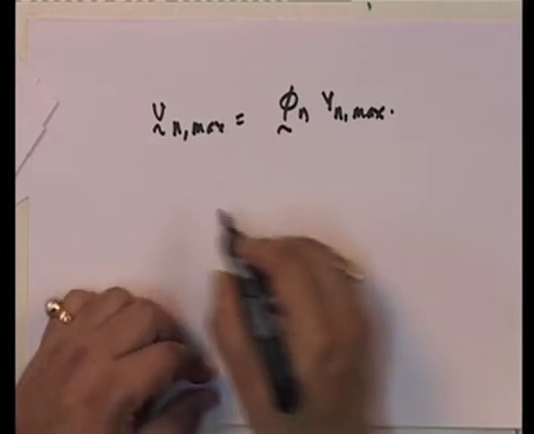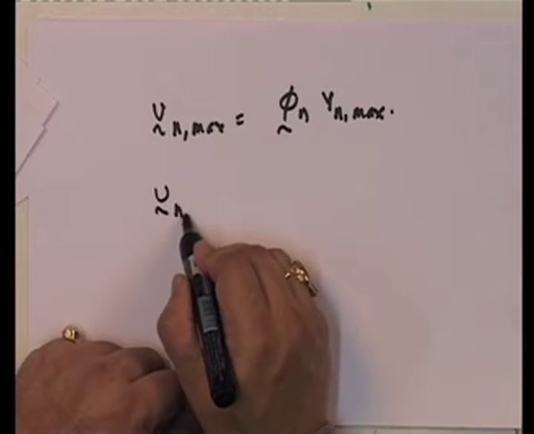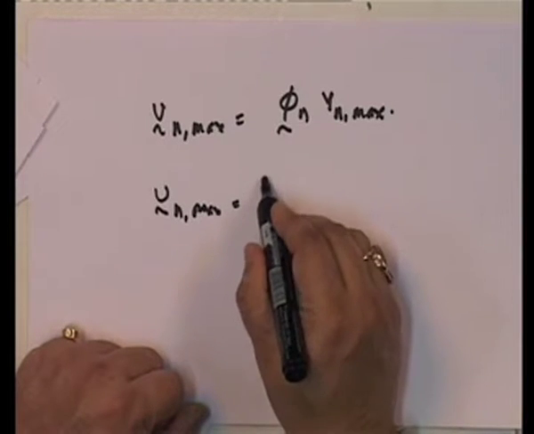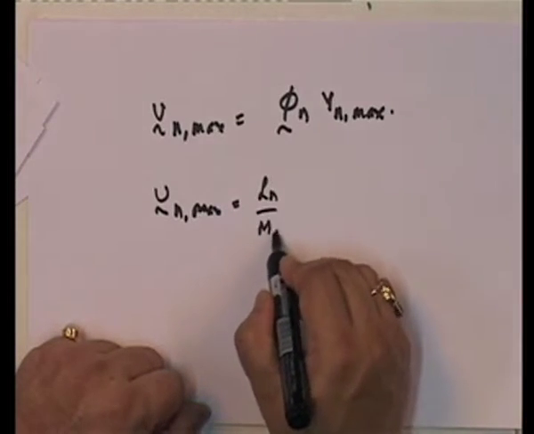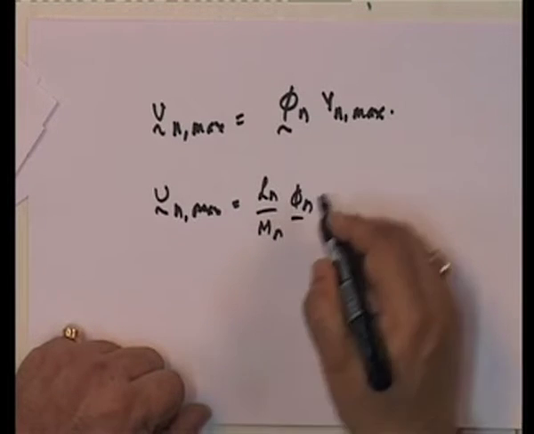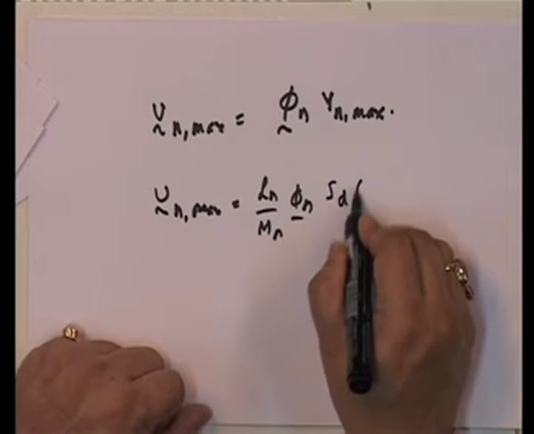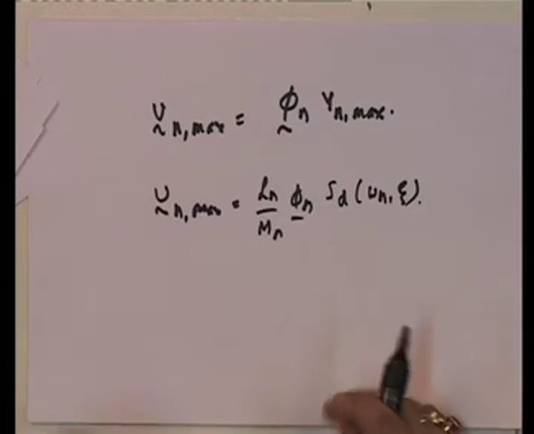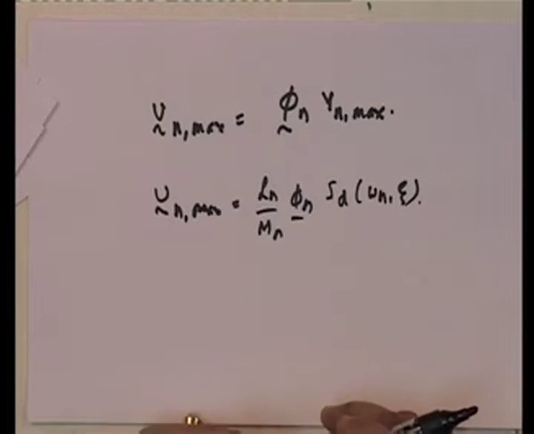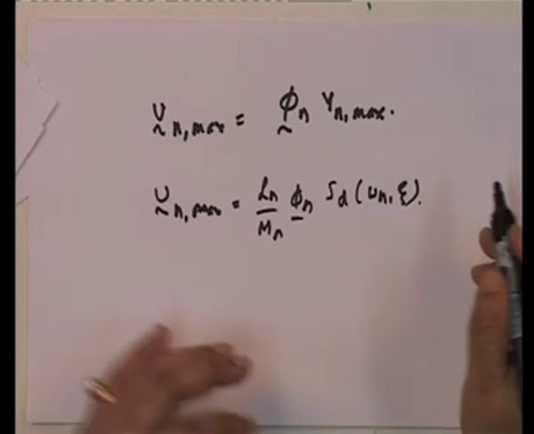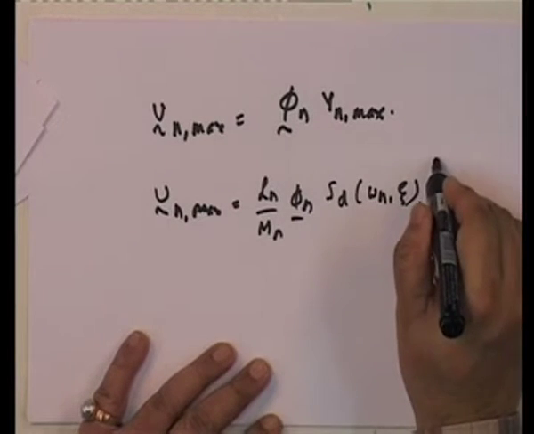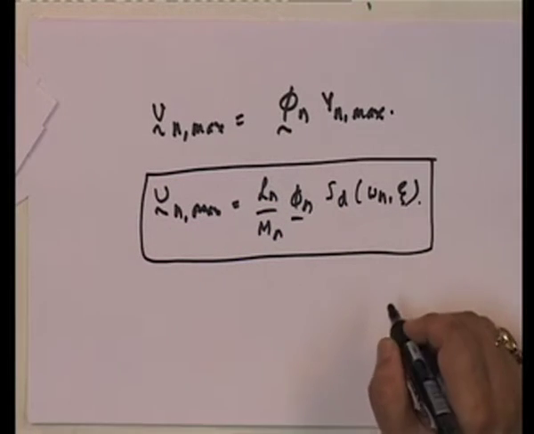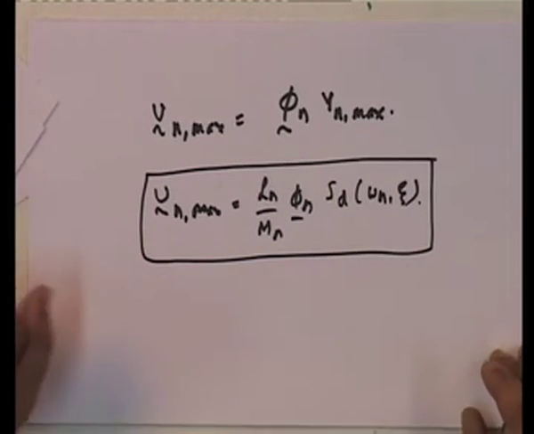So, V n max is equal to Ln upon Mn into phi n Sd omega n xi. Since we typically take the same xi value across the modes, I am not putting xi n, it is xi. So, this is the peak displacement in the nth mode.